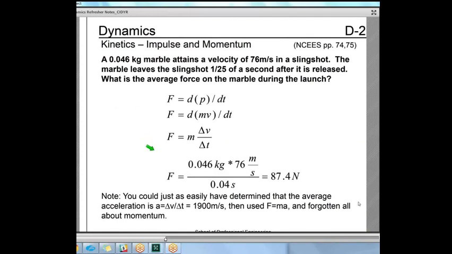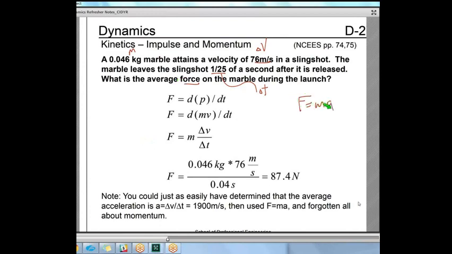This is kind of a classic problem. The cannonball problem. In this case, it's a slingshot. It could just as easily have been a cannon. So we've got the mass of a small object. We've got a delta v of 76 meters per second. We've got a time, a delta t. And we're asking you for the force. What are we going to do with these?